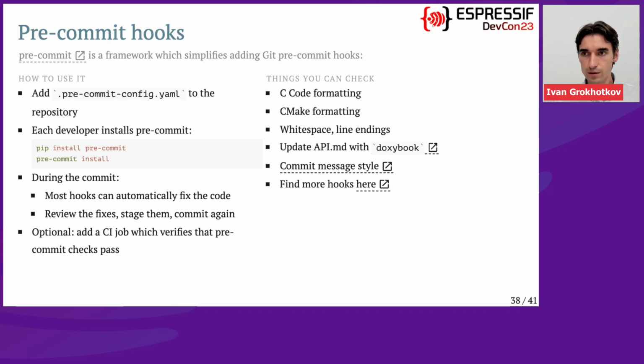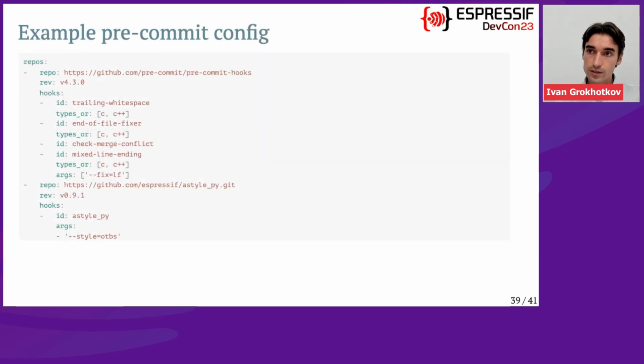For instance, maybe the code will be reformatted or line endings will be fixed. The developer can then review the changes that were done by the pre-commit hook and stage them, and then run the commit again. It is also nice to add a CI job that will actually verify that developers have installed and run pre-commit. Here is an example of pre-commit from one of our repositories.